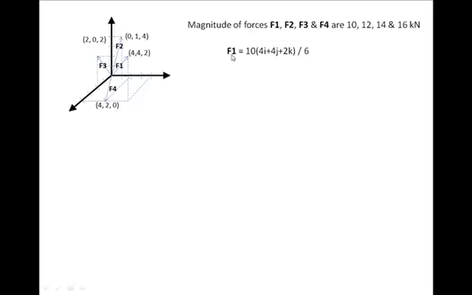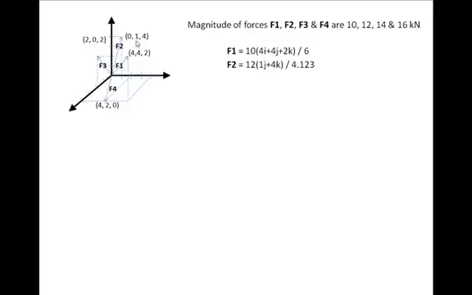the vector F1 will be given by the magnitude 10 multiplied by this 4i plus 4j plus 2k divided by 6, which is nothing but under root of 4 square plus 4 square plus 2 square. See, 4 square is 16 plus 16 is 32 plus 4, that is 36, under root of 36 is 6. So this is a complete expression of F1 in the vector form. Similarly, F2. See, 0 minus 0 is 0.